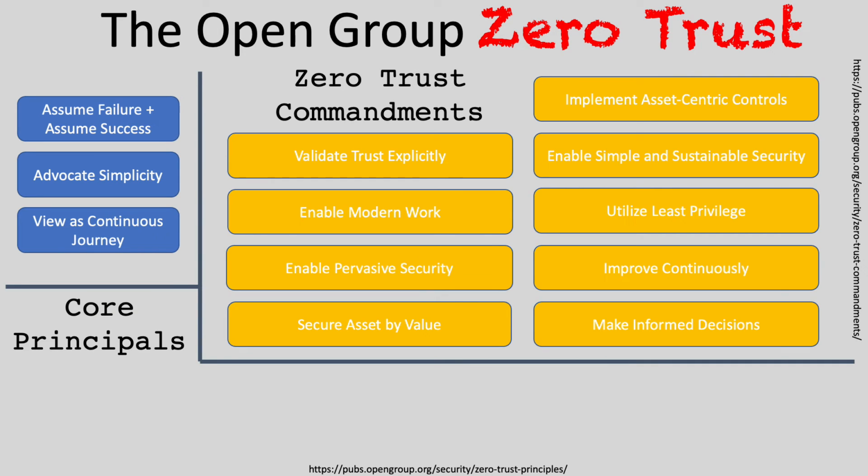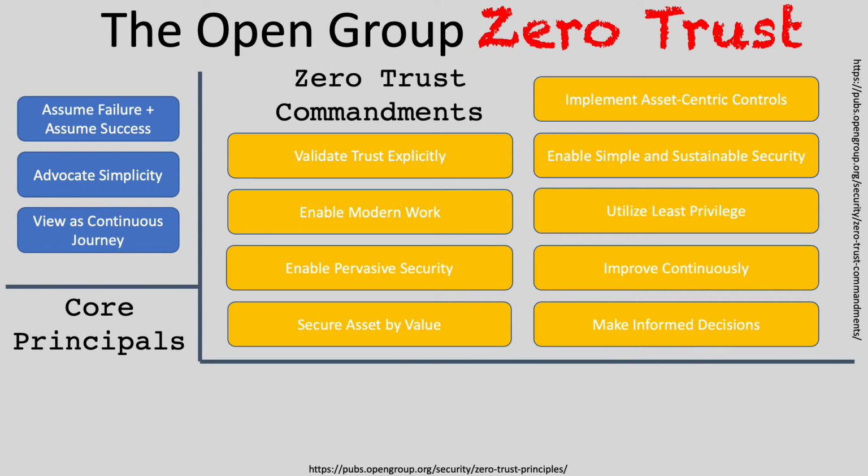The next aspect is the core principles. The core principles act as fundamental guidelines for doing zero trust and implementing zero trust architectures. These core principles are grouped into themes, which you'll see labeled in the green boxes.